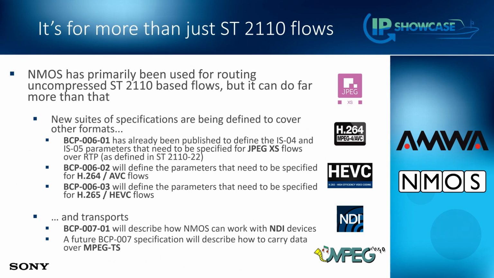These two should be coming along pretty soon. And what it's about here is how you actually define the parameters in IS-04 and IS-05, such as the flows, the senders, and the transport files, what parameters you need to set to make all this work so that a sender and a receiver can understand whether they're compatible or not, or rather the controller can understand if they're compatible and make those connections.